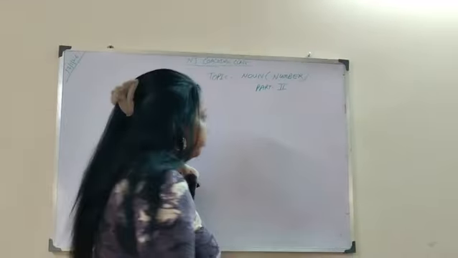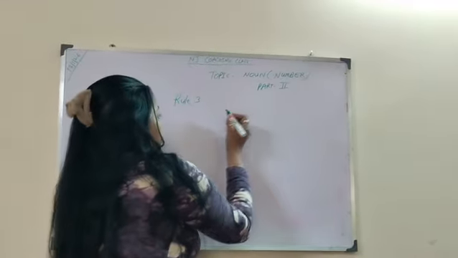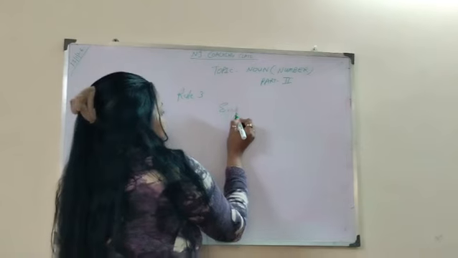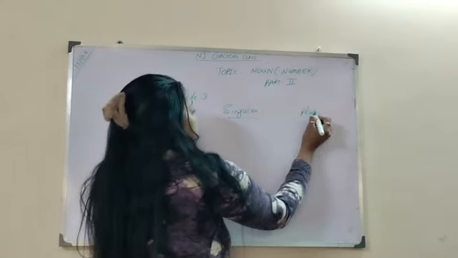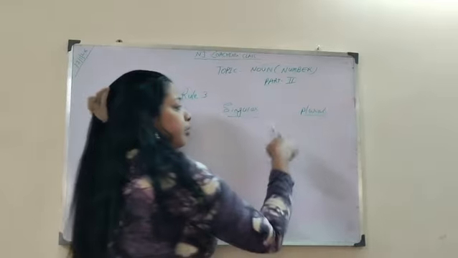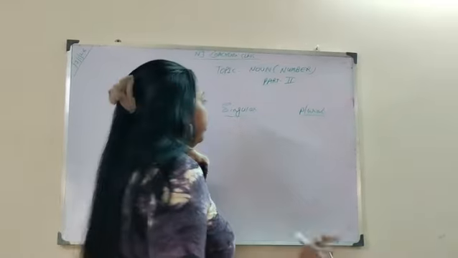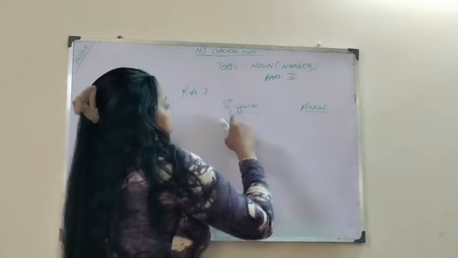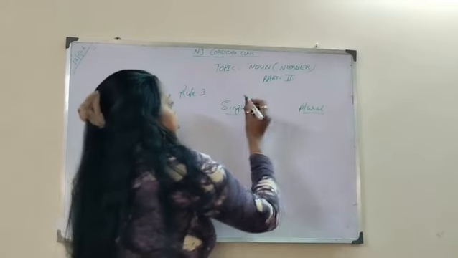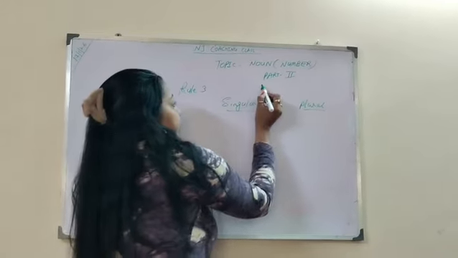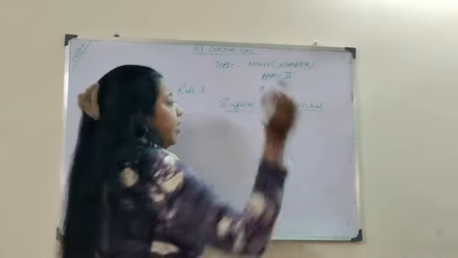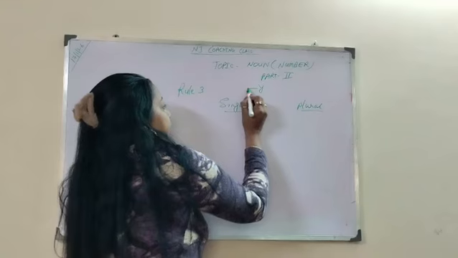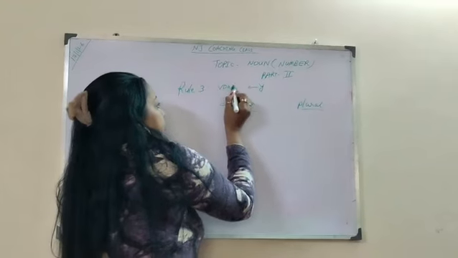What's rule number 3? Singular, plural, right? Singular means single, plural means more than one. We already know. The rule number 3 for singular will be: if any word is ending with y and before y there is a vowel.